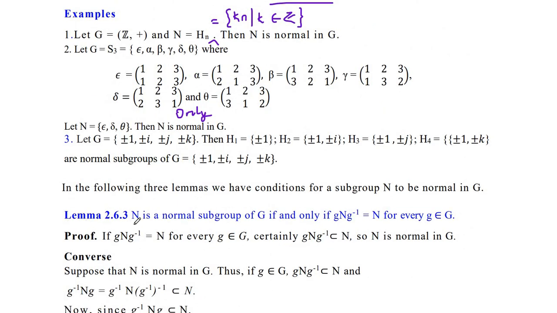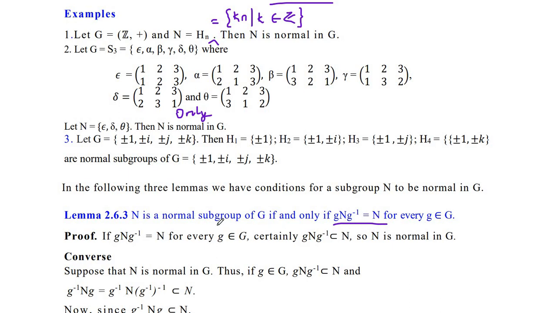Now the first lemma states that N is normal in G if and only if gNg⁻¹ equals N. We know from the definition that gNg⁻¹ is contained in N. Here equality should be true. Whenever this is true, we can have N to be normal.